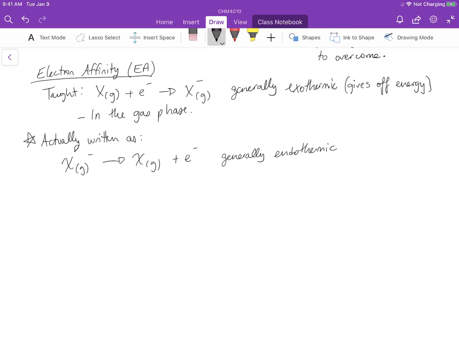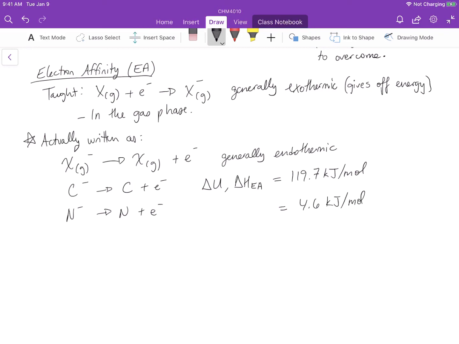And so if we look at some examples, carbon minus going to carbon plus an electron, our electron affinity energy is 119 kilojoules per mole. And for nitrogen minus, it is 4.6 kilojoules per mole.